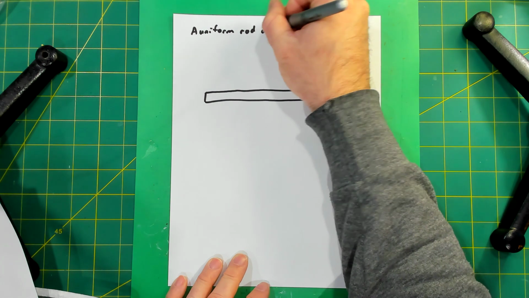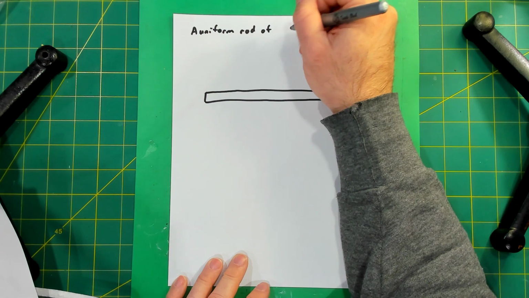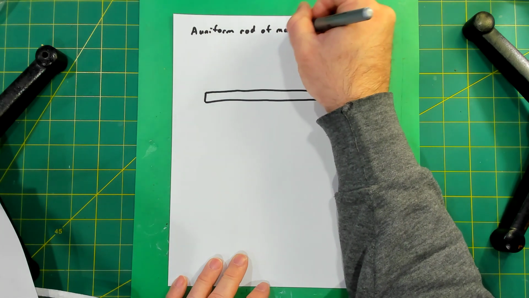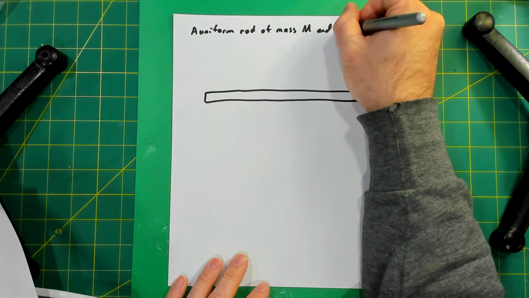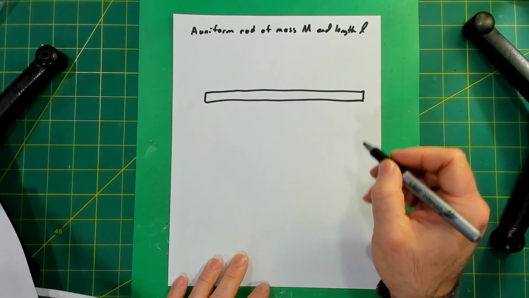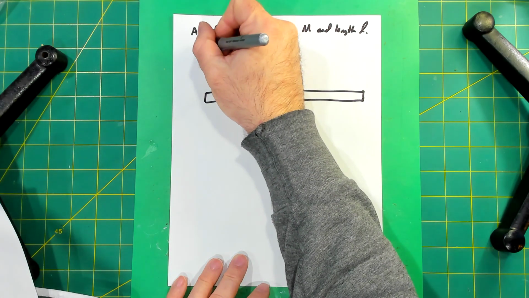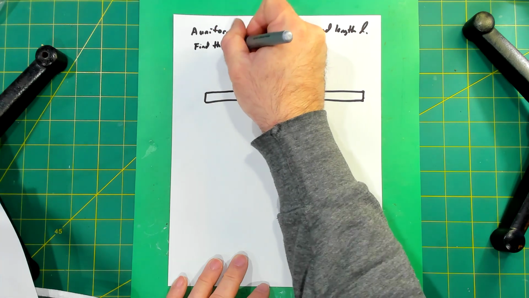Say a uniform rod, and we'll even tell you the total mass is big M, and say the total length is a little cursive L there, and we're going to say, let's just find the center of mass.